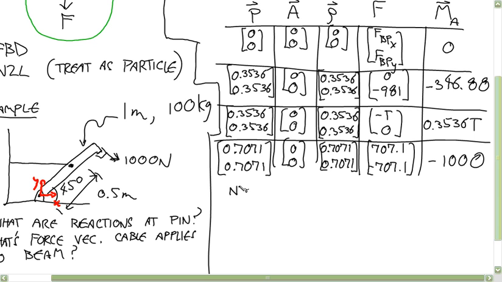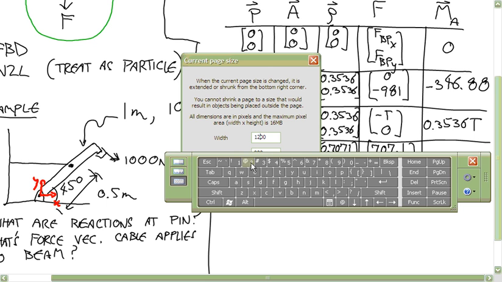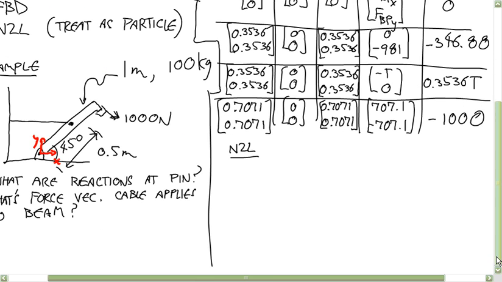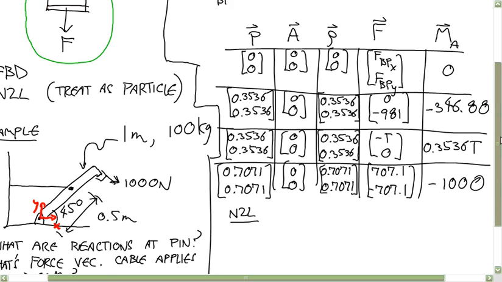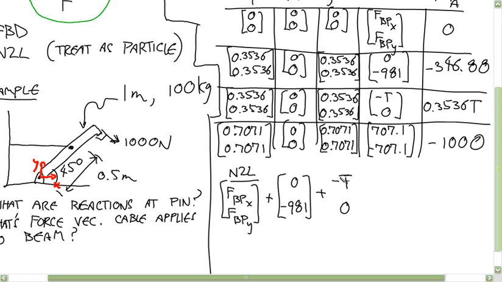Okay, so Newton's second law says, and we just go down the force column, F_BPX, F_BPY, plus 0, negative 981, plus negative T, 0, plus 707.1, negative 707.1, is equal to 0, 0.